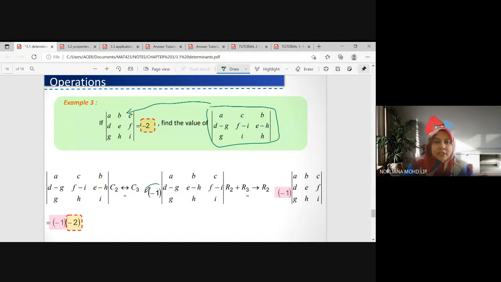So, we put negative 1 sign kat sini. So, interchange lah column 2 with column 3. Okay, dah interchange kat sini. Column 2 with column 3. Okay, and then second operation we use R2 plus R3 transform into R2.